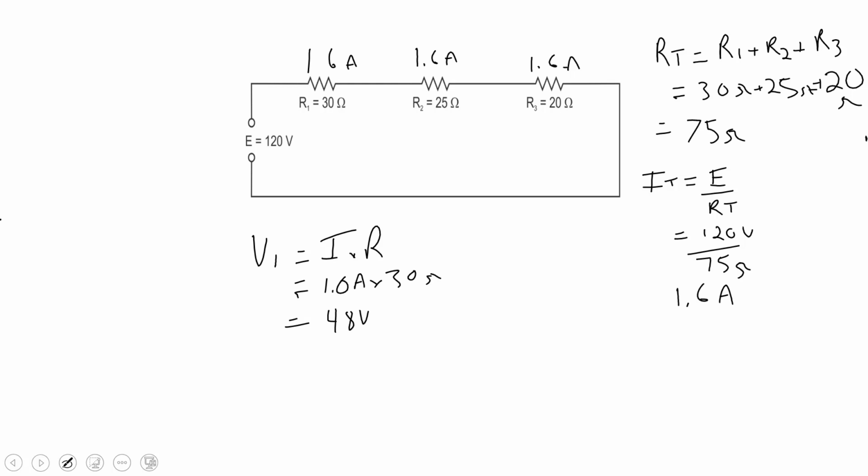Voltage 2 would be equal to 1.6 amps times 25 ohms, which is 40 volts, and voltage 3 is going to be 1.6 amps times 20 ohms.